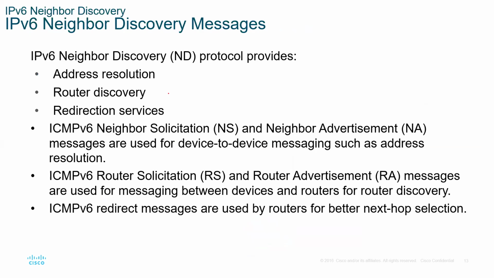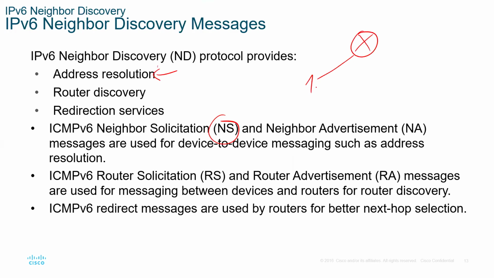With IPv4, we have ARP. With IPv6, we have the Neighbor Discovery Protocol, which provides address resolution, router discovery, and redirection services. For address resolution, we have the exchange of messages: the neighbor solicitation and the neighbor advertisement. So in a network, let's put a router.